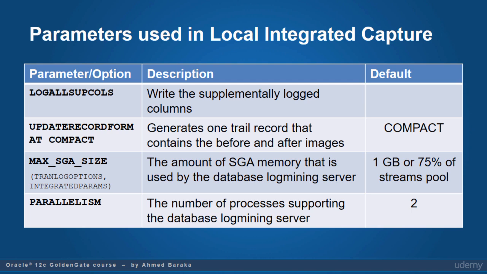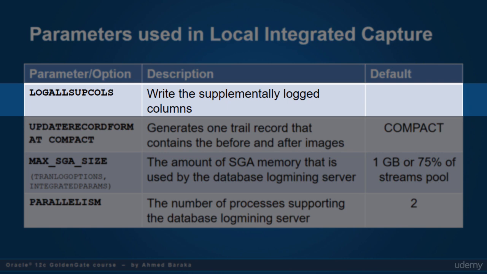Following are the parameters that you use when you want to configure the local integrated extract. You already know about the LOGALLSUPCOLS parameter, and just as a reminder, this parameter instructs the extract to write the supplementally logged columns specified with the ADD TRANDATA or ADD SCHEMATRANDATA commands to the trail.